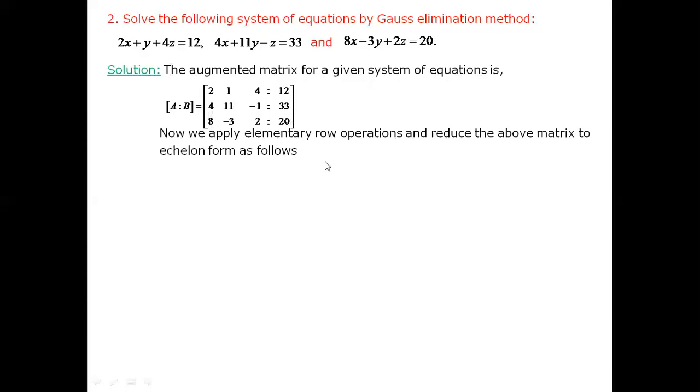So what are the operations I can use? R2. To make this element 0, I'll multiply this by minus 2. See, minus 2 into 2, minus 4. Minus 4 plus 4 becomes 0. So I can use this operation, minus 2R1 plus R2. And to make this element 0, I can multiply this by minus 4.